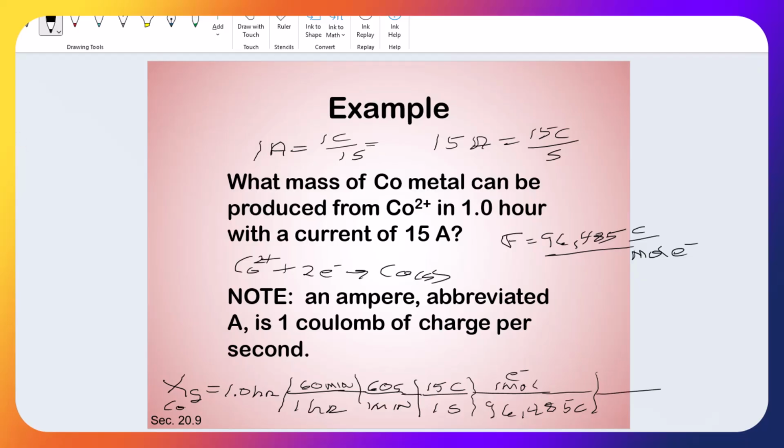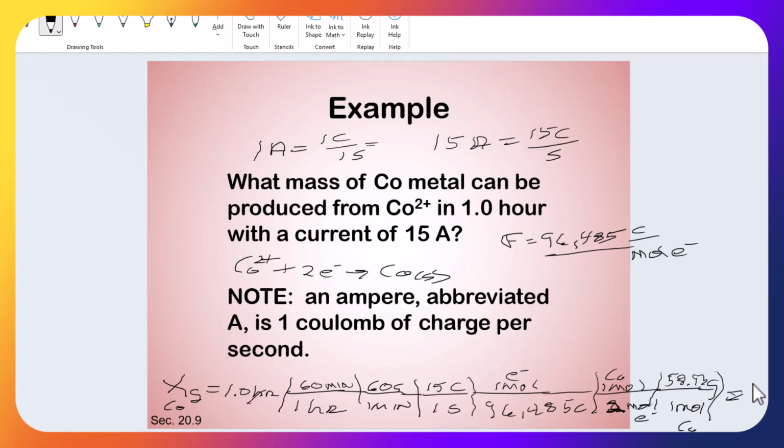So 2 moles of electrons for 1 mole of cobalt, and then 1 mole of cobalt weighs, oh my gosh, I don't know how much. I don't know the molar mass of cobalt. I'll have to go look it up. Hold on. All right, I'm back. 58.93 grams. Okay.